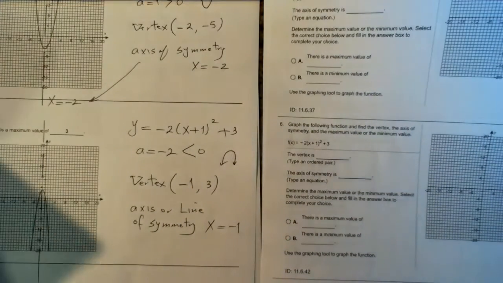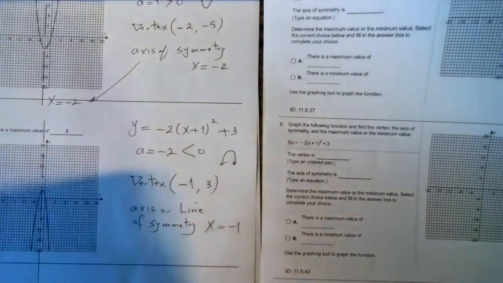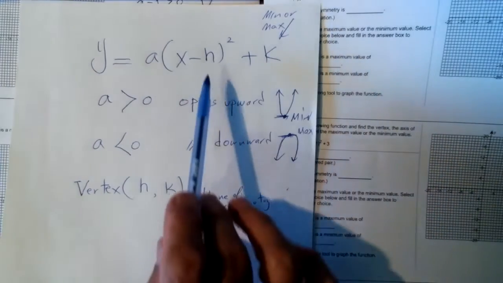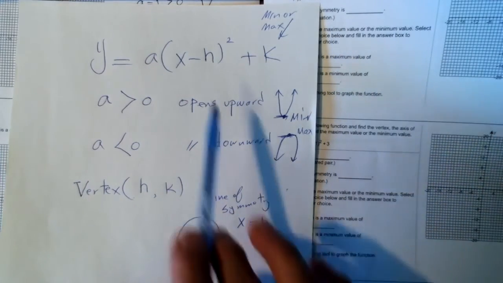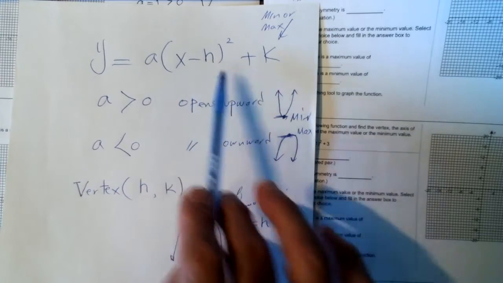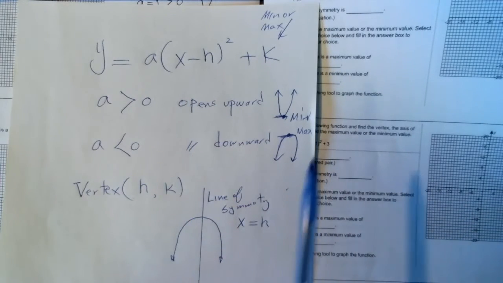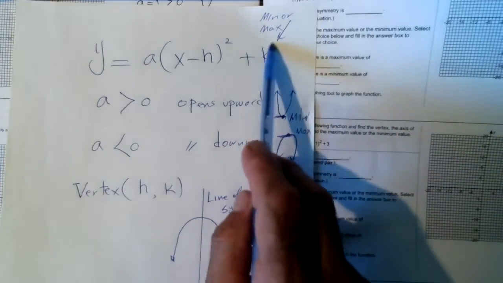See, they all are based on the equations that we had in the beginning. See, you have to have a copy of this so you understand it. h and k are the vertex. This x equals h is the line of symmetry. And then later on, if he asks you to find maximum or minimum, this value.